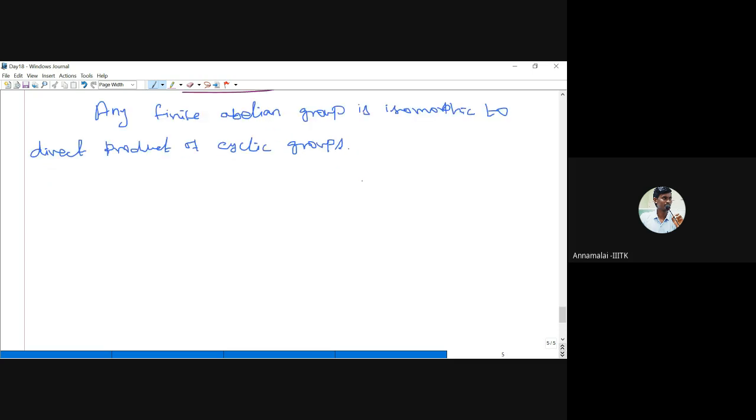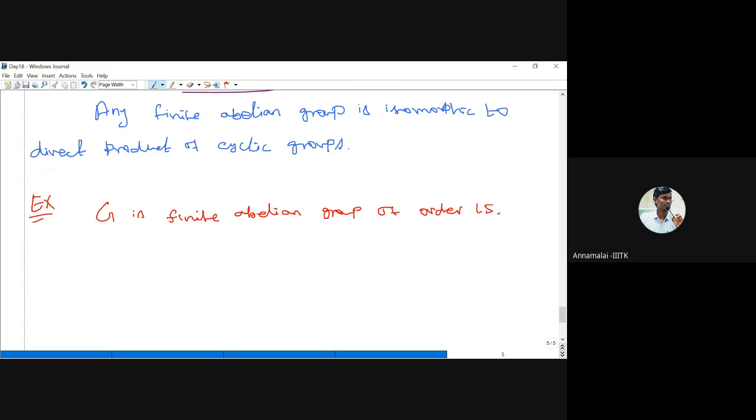Maybe I will read some example. How do we find the cyclic groups and write this? For example, suppose G is a finite abelian group. Suppose we take some order, say 15.